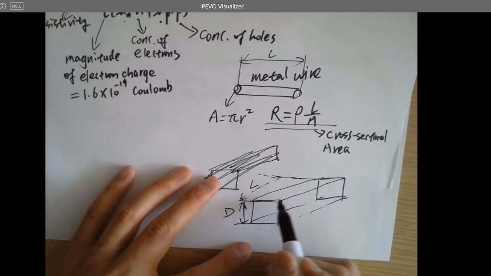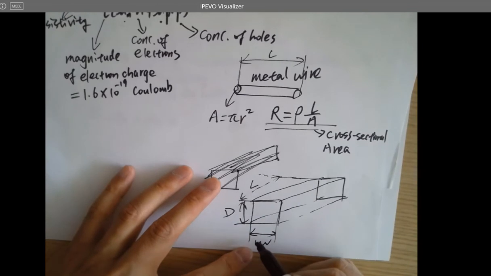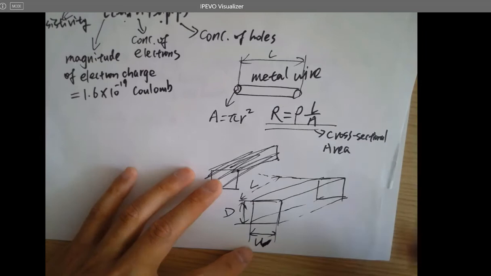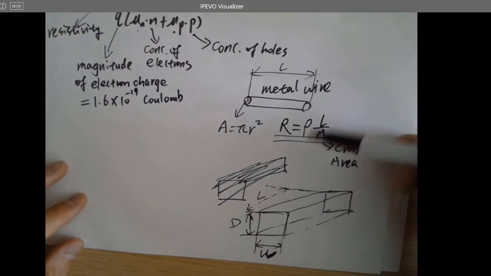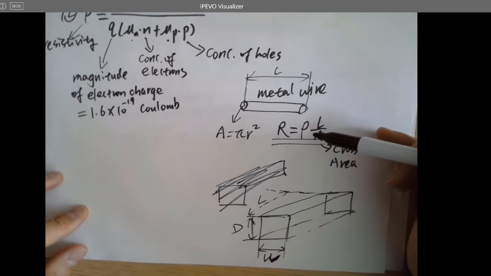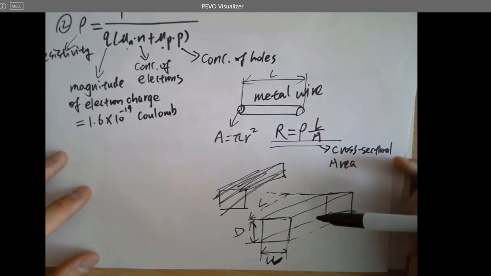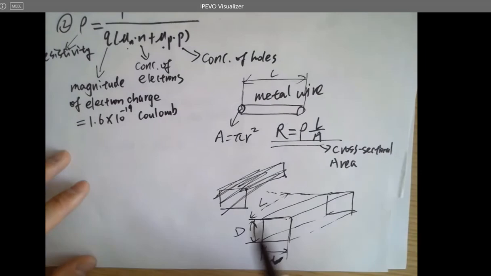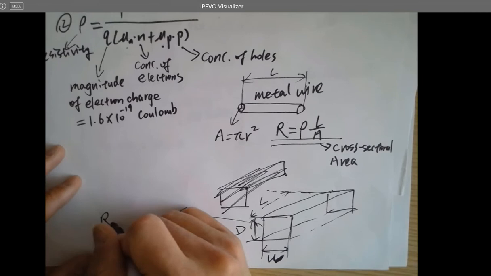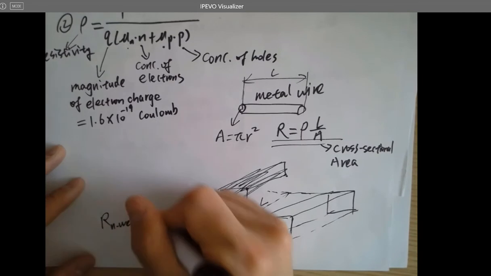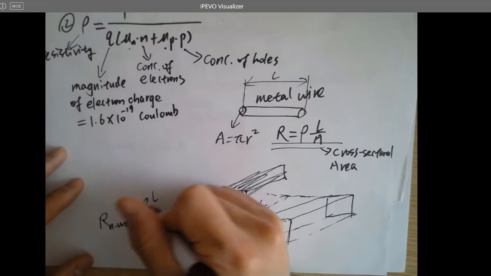So what is this parameter here? That's the width of the N well. So does this theory apply to this material or this shape? Yes, right? So the resistance of the N well can be described using the same theory.